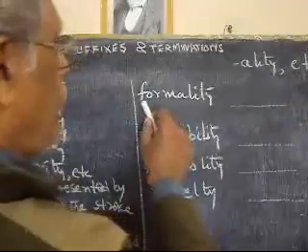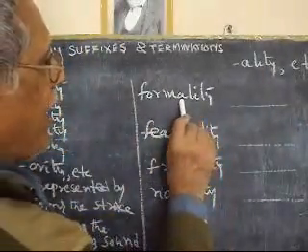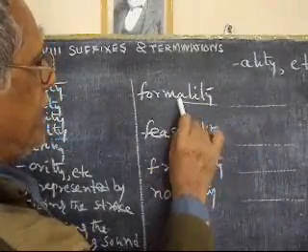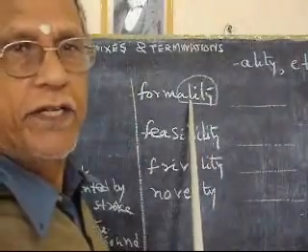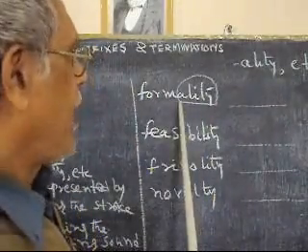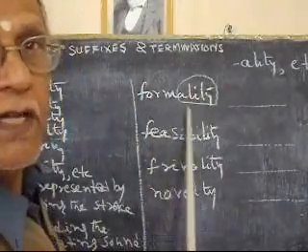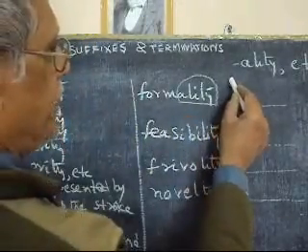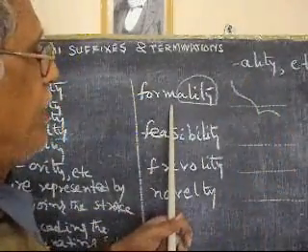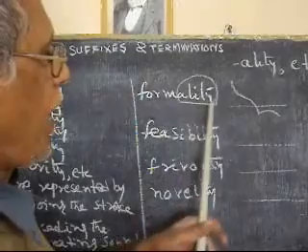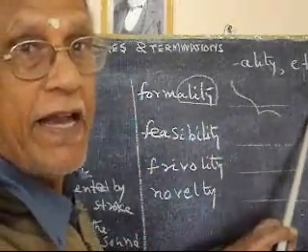Let us see. Formality. Here, LET has come, isn't it? So this is a termination, this is a suffix, LET. Now, what is the remaining structure? Form, like this. After this form, LET has come.